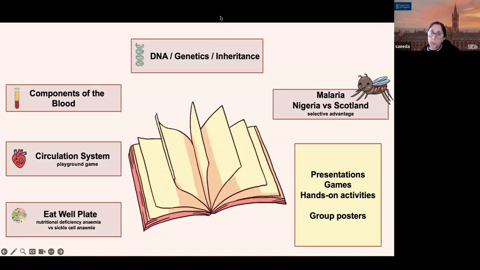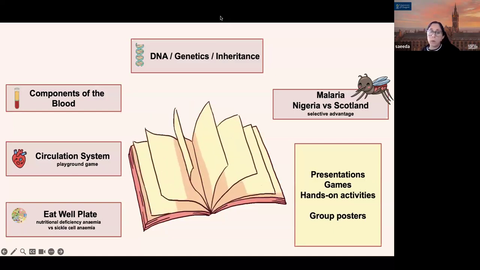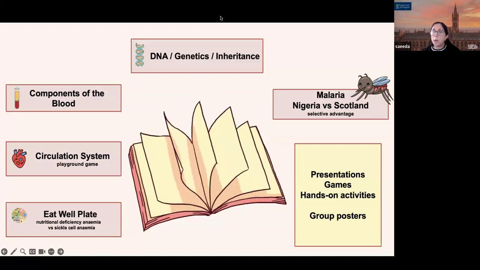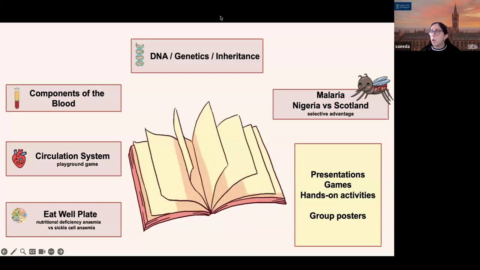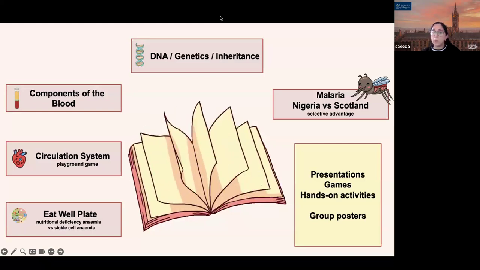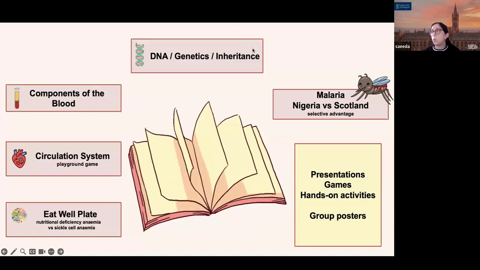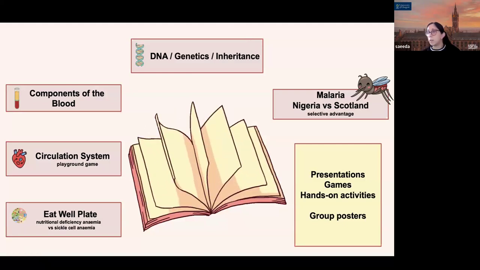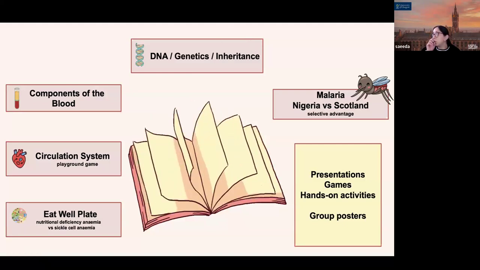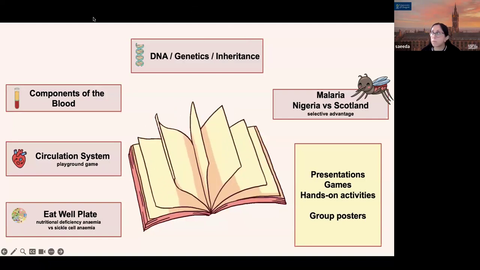Then all this information was tied together by explaining the concept of selective advantage, to show how sickle cell trait can offer protection against malaria, particularly in warmer climates. The students also did presentations, games, hands-on activities, and group posters, which were for their parents and the P7s. So I'm going to pass you over to Doha, who's going to give you the student experience.